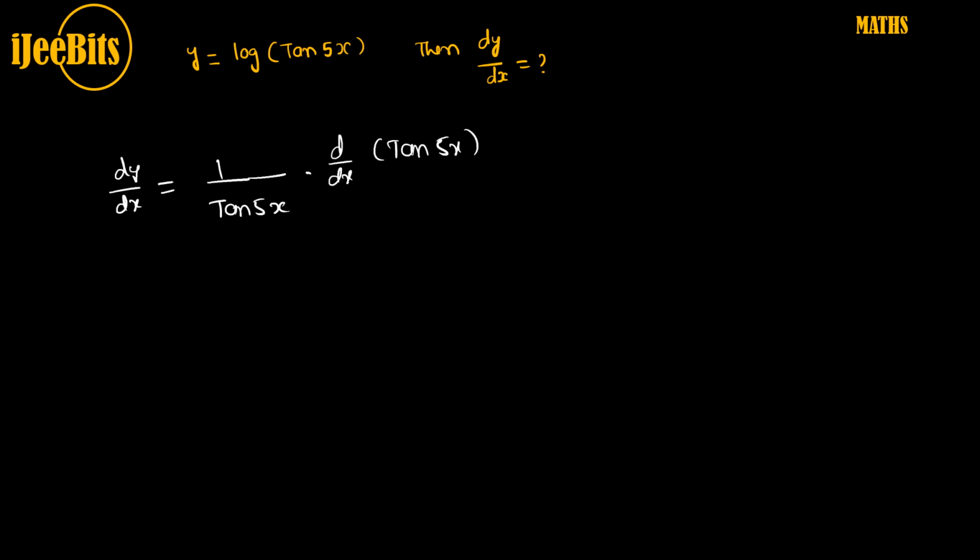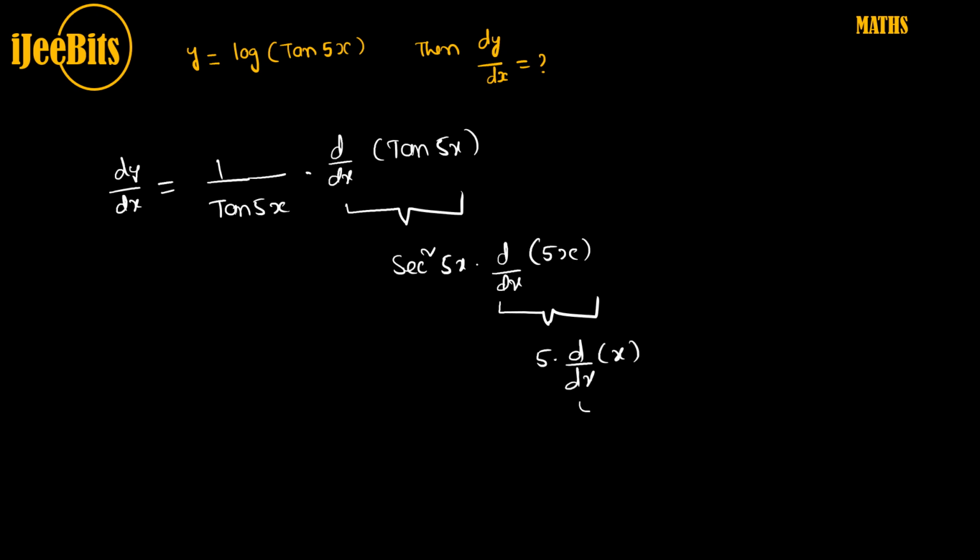Tan differentiation gives sec squared, so sec squared 5x. But I am not leaving it here, I still have to differentiate 5x. That's not x, it's 5x. So you would get 5 into d/dx of x. We know this is 1. Correct?